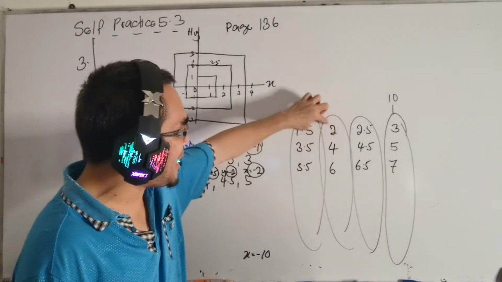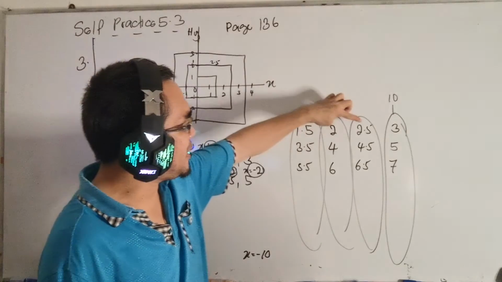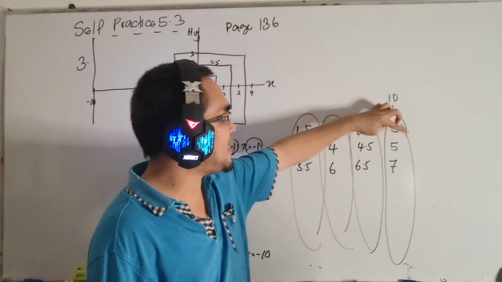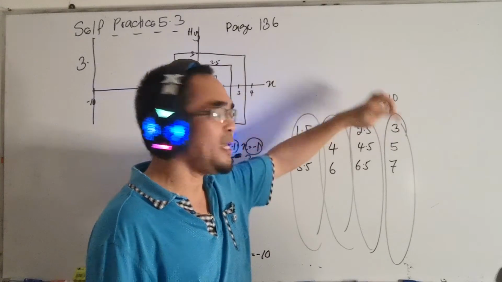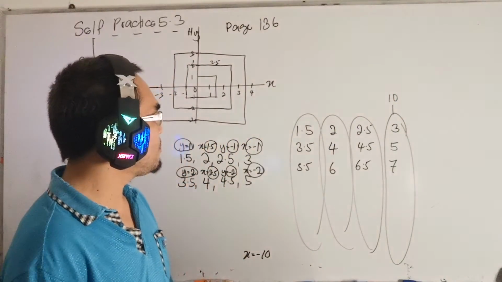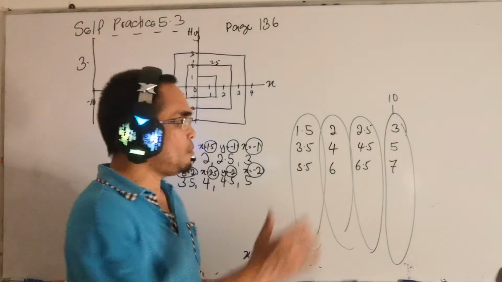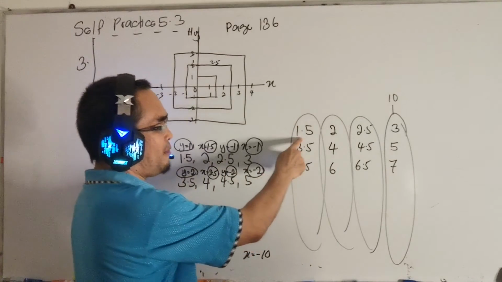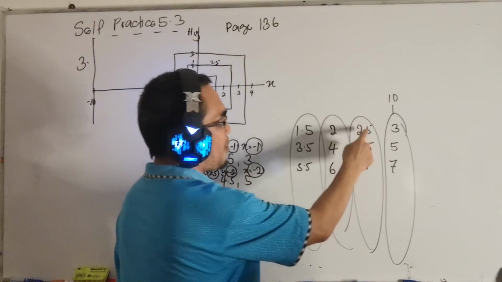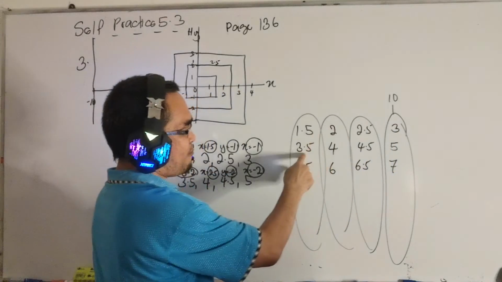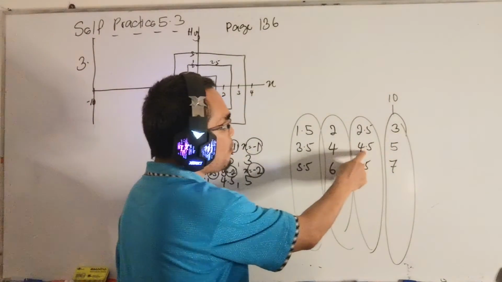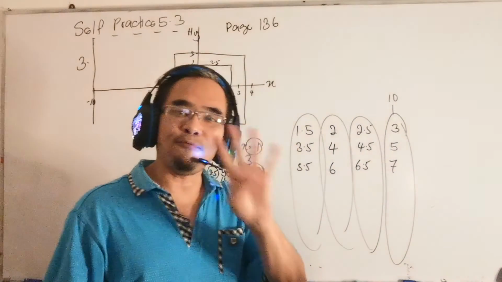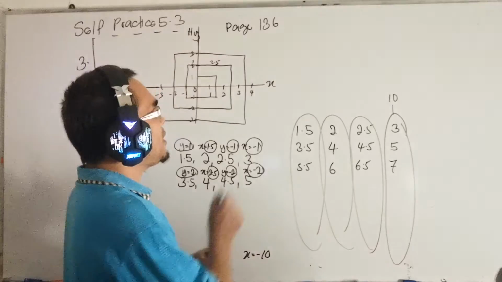Similarly, here a is 2, d is 2; a is 2.5, d is 2; a is 3, d is 2 also. Or you add all these numbers. The arrangement will start with 1.5, 2, 2.5, 3, 3.5, 4, 4.5, 5, and so on. In this case, there are 40 numbers.